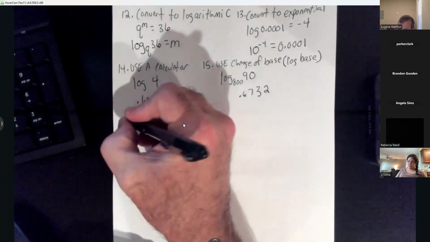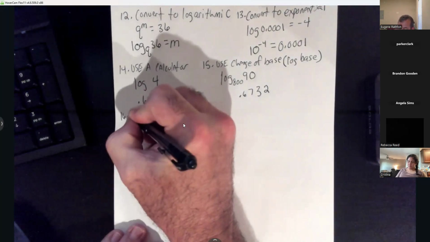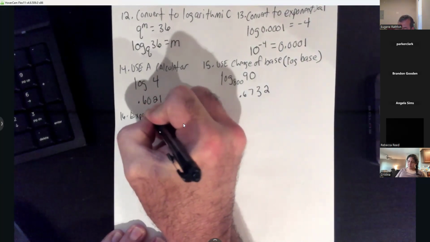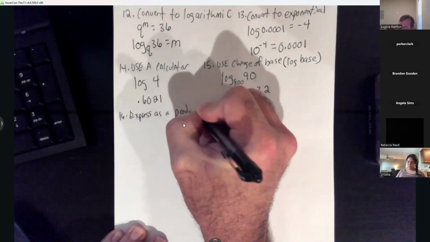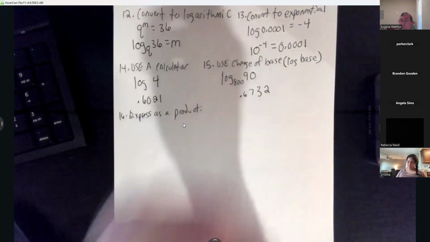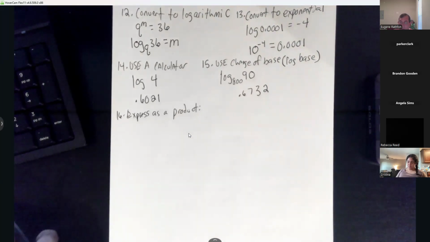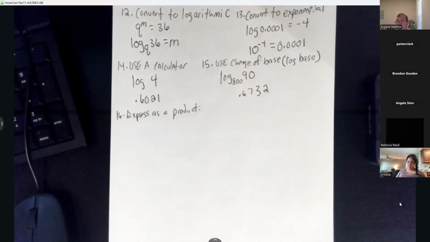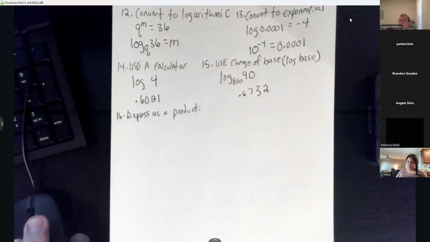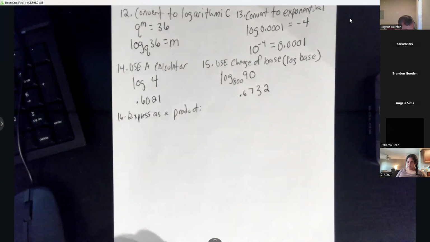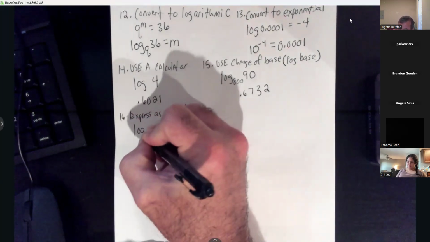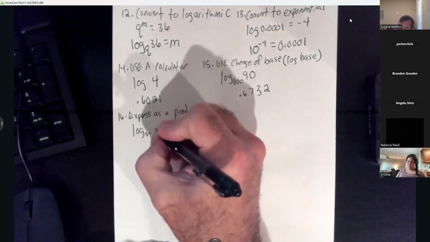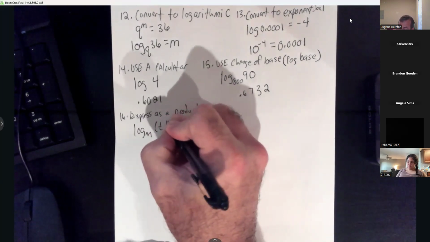All right, let's see. 16. Express as a product. So this was when we started getting into 9.5 and I were doing those properties of logarithms. So this one has a log base m of t to the 17th.